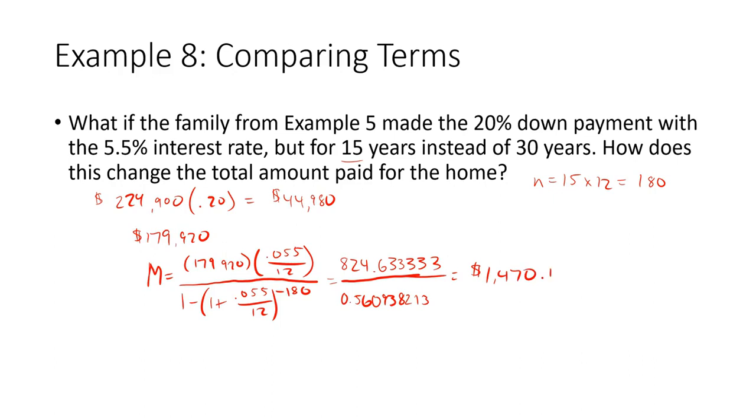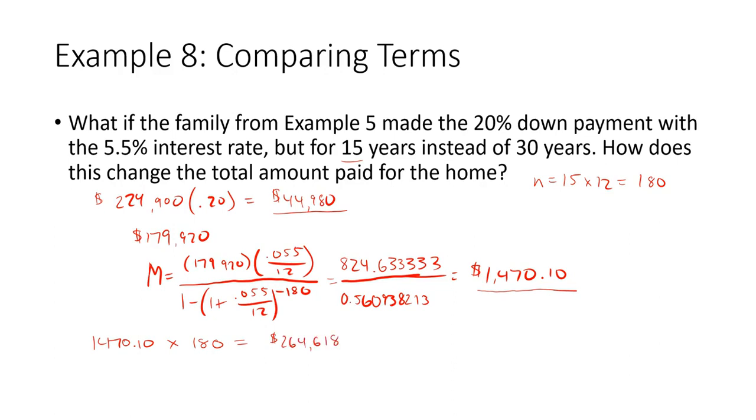$1,470.10. So if we make a down payment of $44,980 and then pay $1,470 for 180 months, $1,470.10 times 180, that's our total payments, $264,618.